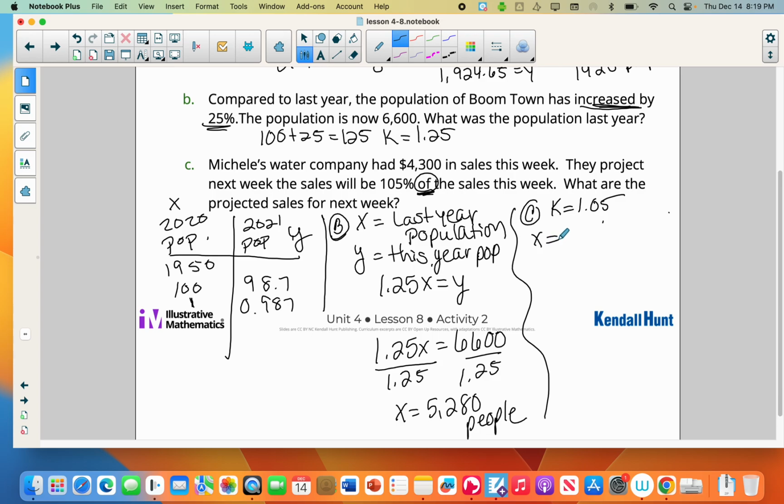X is going to be this week's sales, because that comes first. Y is going to be next week's sales. So my equation, 1.05x equals y.